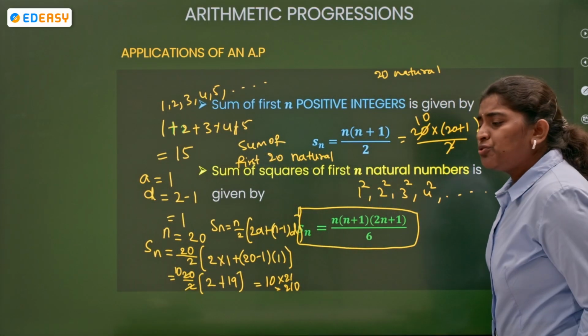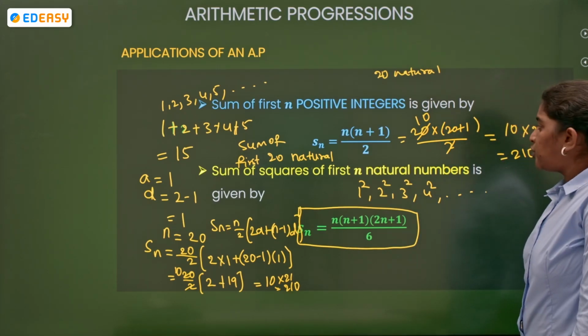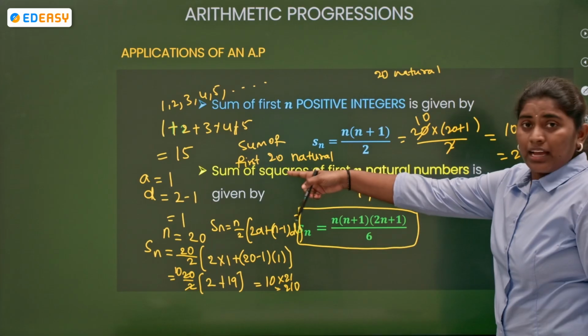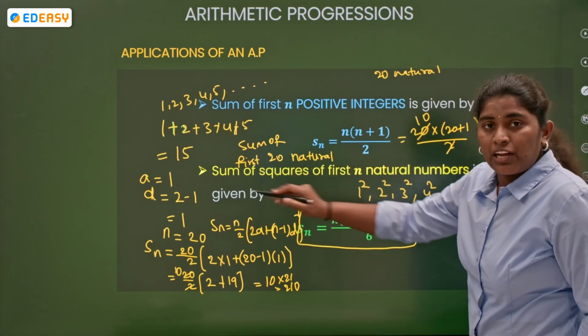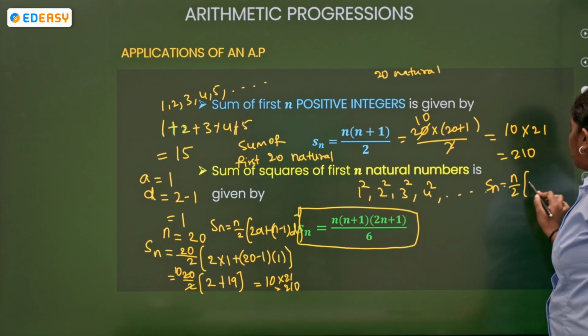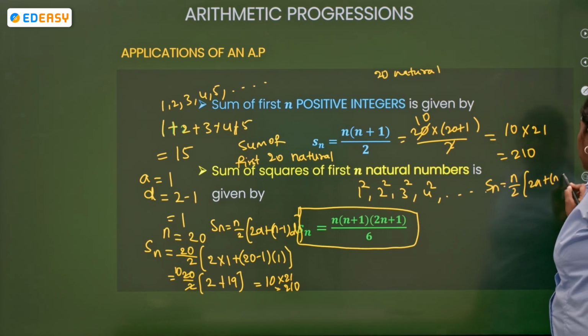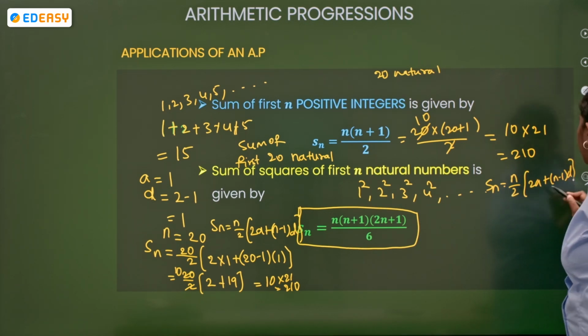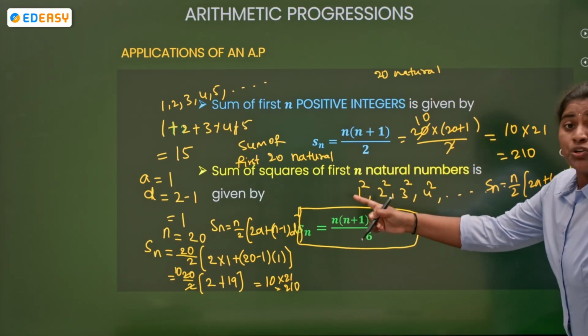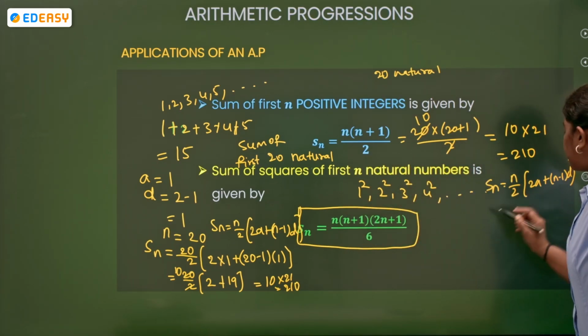Have we got the value of n into n plus 1 by 2? Fine, I will tell you. Take the a value and d value. Sn is given by n by 2 into 2a plus n minus 1 into d. This is our Sn formula. Here I have a value 1 and d value 1. Put that here.